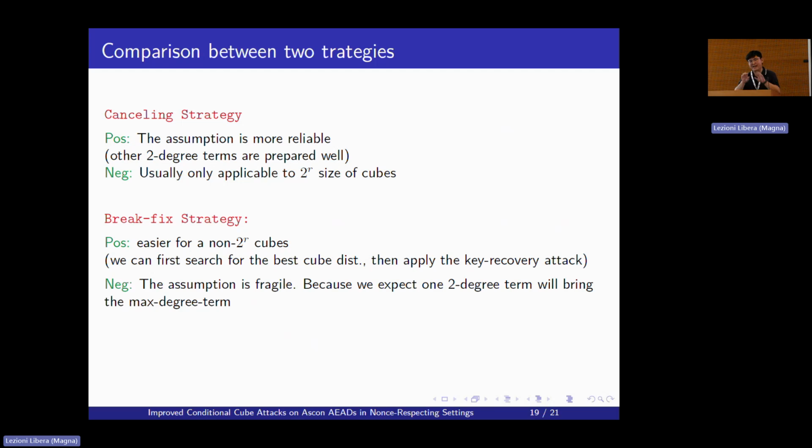We can first try our best to find the best cube distinguishers, then introduce the disturbance to break it, and finally fix it by introducing some key conditions. But the negative is that the assumption is more fragile, because we expect only one 2-degree term to bring the max degree term. Okay, thank you.